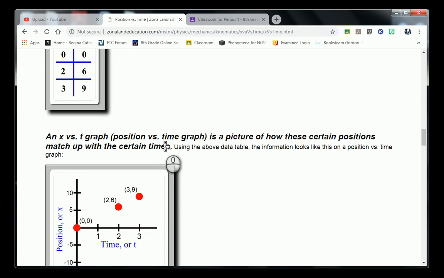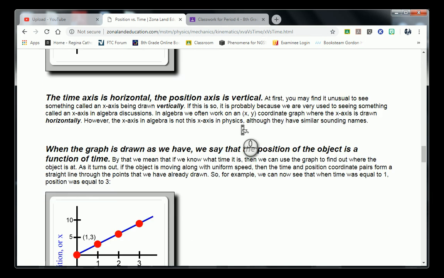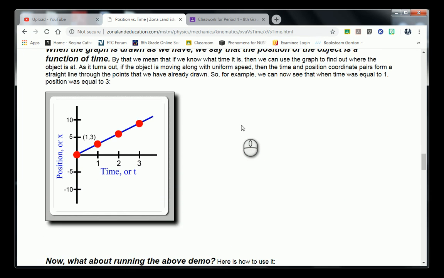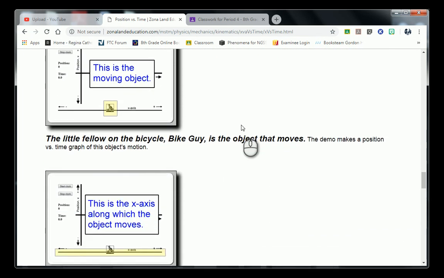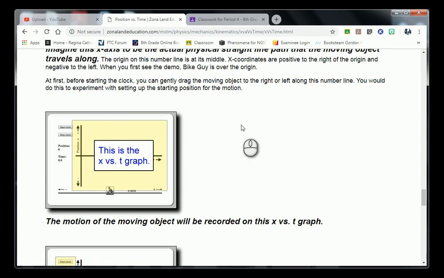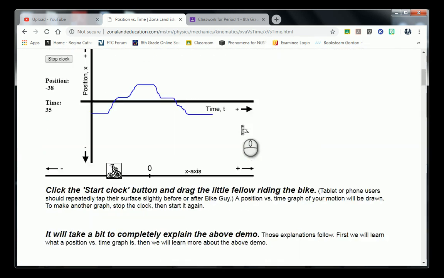As you scroll down here, you can see a position versus time graph and a dotted line. And this is actually what we're going to be working on Monday. So if you look through this, this will help you or give you an advantage compared to first hour and third hour.